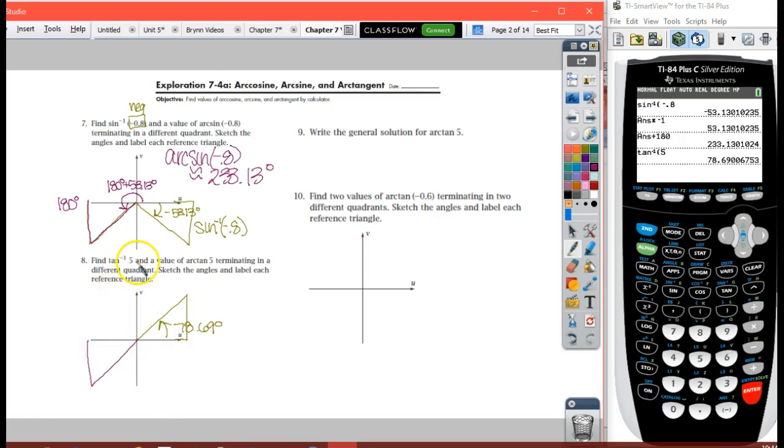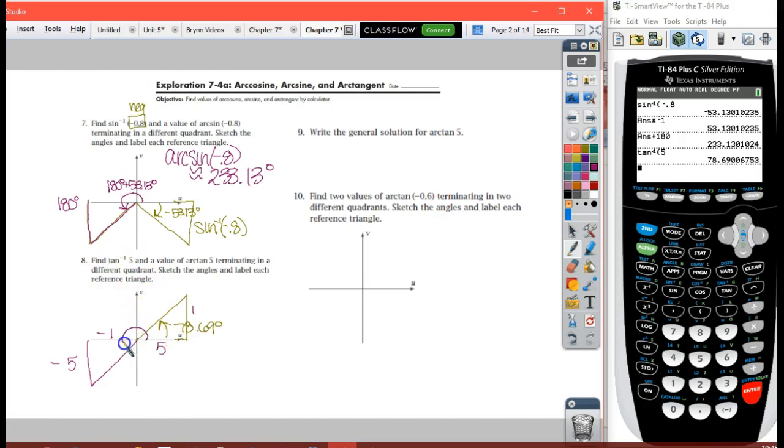And again, remember tangent is opposite over adjacent, so I could label these sides 5 and 1, 5 and 1. But keep in mind, since I'm in the third quadrant, both would be negative, which is why tangent's ratio ends up being positive. This angle is 78.69 degrees. That's what we would find using tangent inverse of 5.